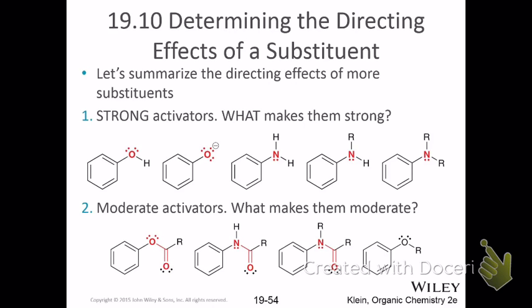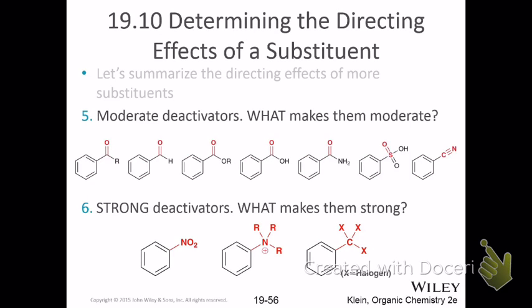If it has a lone pair next to the ring, it's always ortho-para directing, regardless of whether or not it's activating or deactivating. If it has a carbonyl group next to the ring, it destabilizes the ortho and para positions, so it always ends up being meta directing.